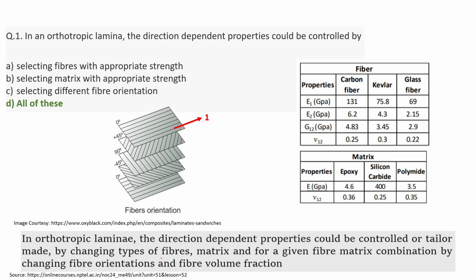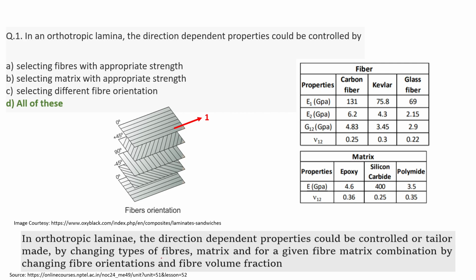So in an orthotropic lamina, the direction dependent properties could be controlled or tailor made by changing types of fiber and matrix, and for a given fiber matrix combination by changing fiber orientation and fiber volume fraction. So for any lamina, you can tailor make the properties depending on what type of fiber you are using, what type of matrix you are using, in which angle the fibers are aligned in the matrix, and most important, the fiber volume fraction.